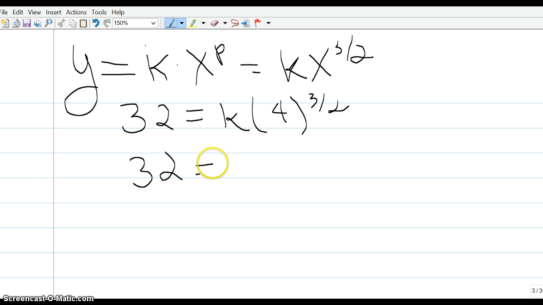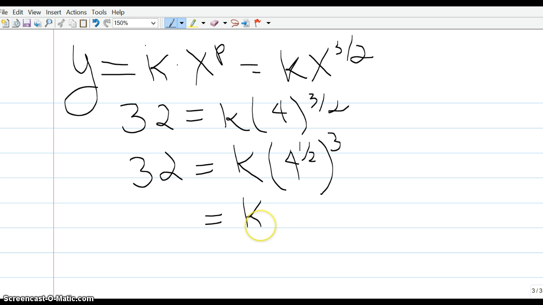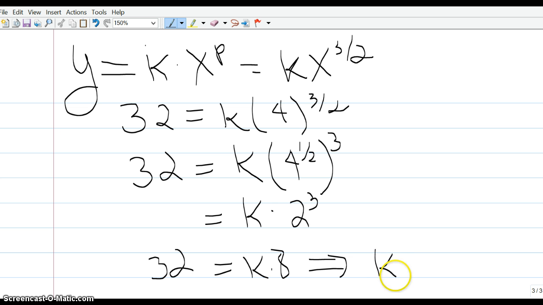I'm going to simplify this. Some of you can do this in your head more quickly, but I'm going to think of 3/2 as 1/2 times 3. So 4 to the 1/2 is 2. So I have 2 to the third, and 2 to the third is 8. Dividing both sides by 8, we get that k should equal 4.